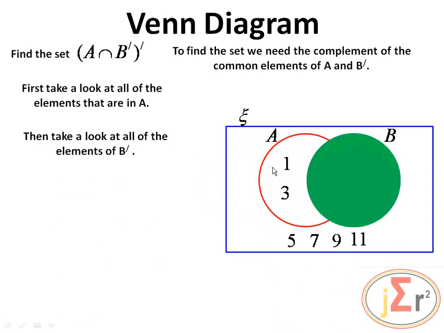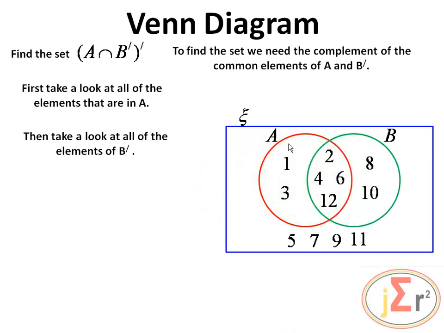So, we just took a look at the elements that are in A and the elements that are in B complement. So this is A and this is B complement, and we want the elements that are in common.